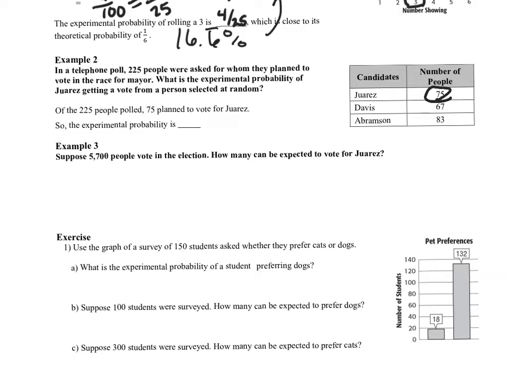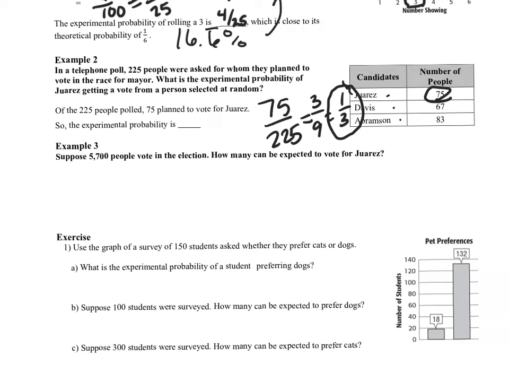So the experimental probability would be 75 out of 225, which if you reduce would be 3/9, or actually we're going to go 1/3, because 225 divided by 75 is 3. Okay, so the experimental probability is 1/3. If I would have done the theoretical probability, I would have said he had a 1 in 3 chance because there's 3 people running. He's 1 out of the 3, right? So is it pretty close?